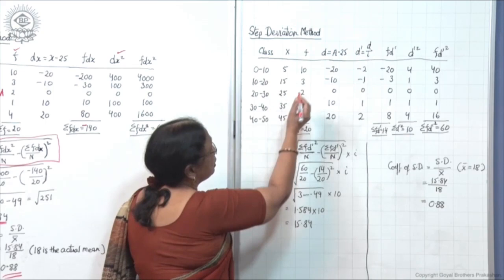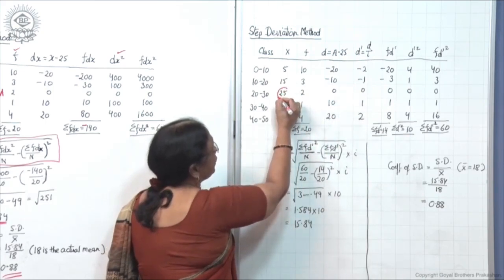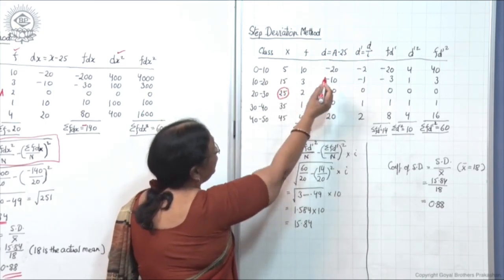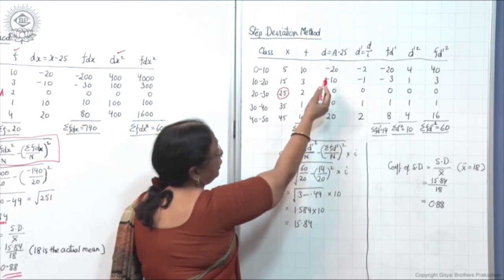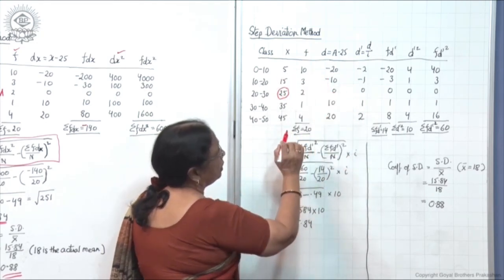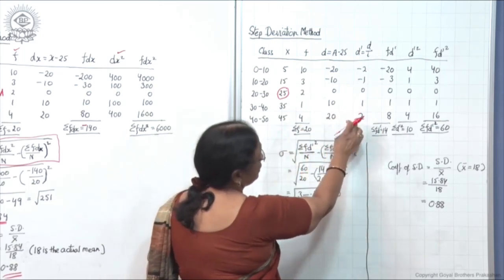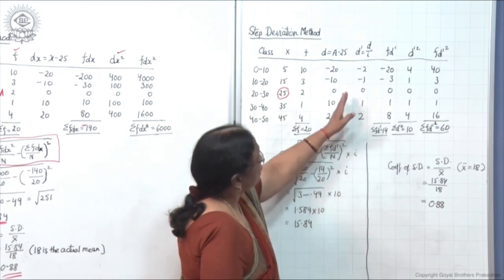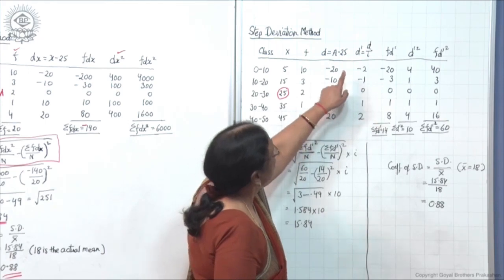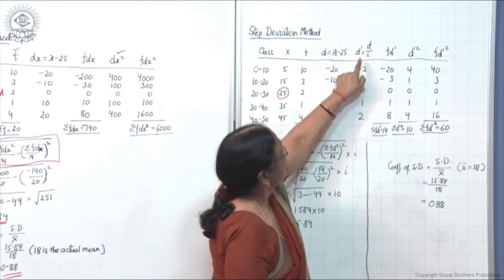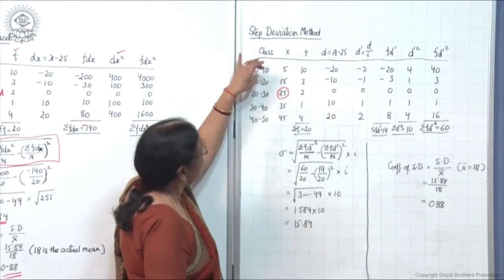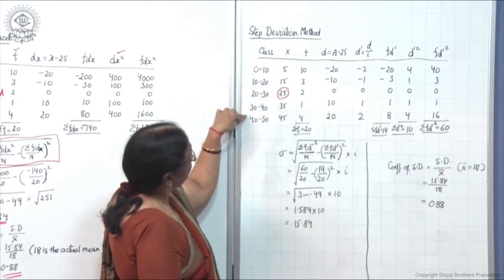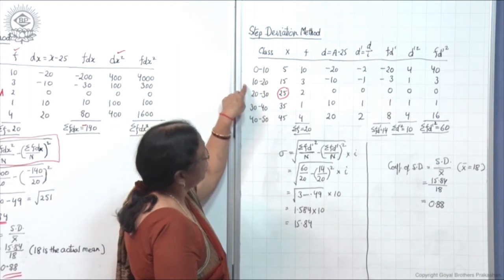Now in this case A is 25, the central value, the assumed mean, and this is the deviation, 5 minus 25 is minus 20, same way for the rest. Now the next column is another column which was not there earlier, this is extra, that is D dash. D dash is D divided by the class interval. Here the class interval is 10, right, 10 to 20, the interval is 10.